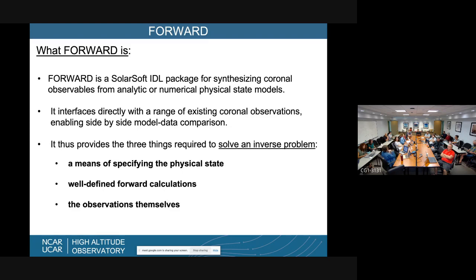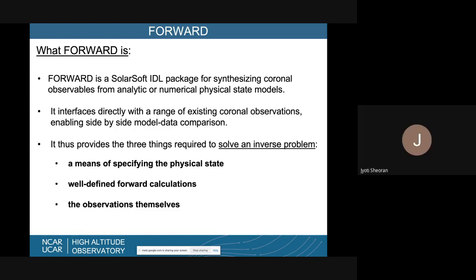It has well-defined forward calculations, so for the various lines or wavelengths you're looking at, the kind of thing you would expect of polarimetry, it's got the equations to determine what will generate the observable from the physical state. It also takes into consideration the observer's position and all the geometry. So it tries to get a lot of that done in a systematic way. And then, of course, it has access to the observations themselves in a way that allows you to put the data right next to the model and look at it. So that's the intention behind it.